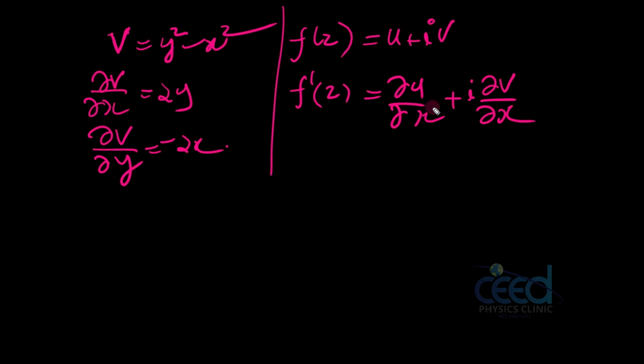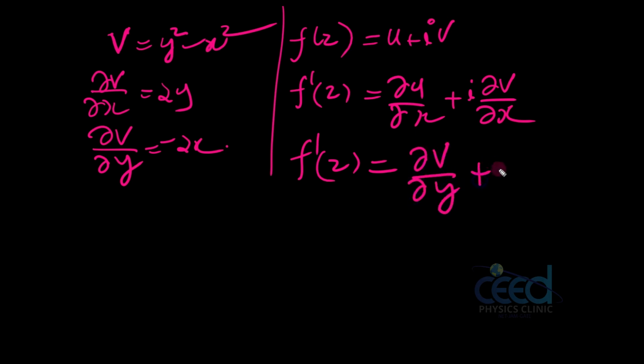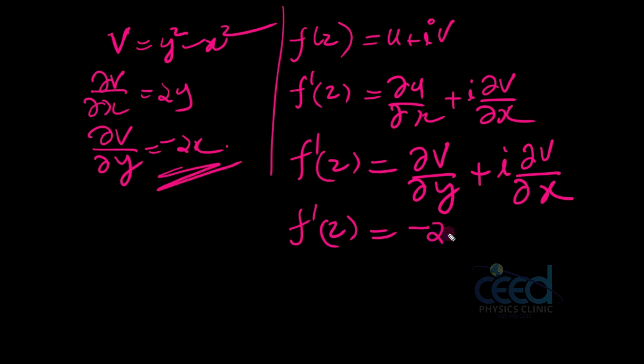This is, by Cauchy-Riemann condition, ∂u/∂x equal to ∂v/∂y plus i ∂v/∂x, right? What is ∂v/∂y? That is minus 2x. So f'(z) is equal to ∂v/∂y, that is minus 2x, plus i into what is ∂v/∂x, that is 2y.